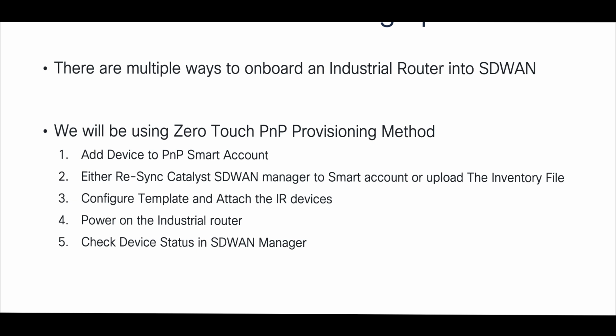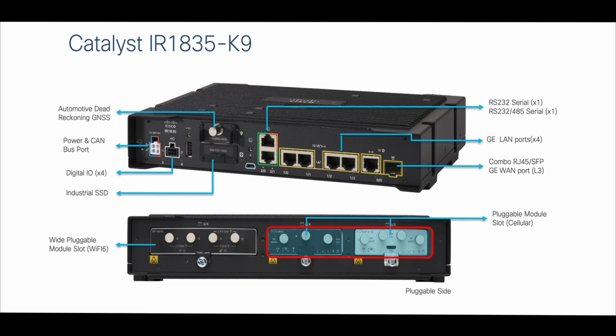Once we do that, we will also configure a template where we can attach the industrial routers so that once the device is powered on, it goes ahead and configures the router, and SD-WAN manager then brings the device online. And this is the router that we will be bringing online.